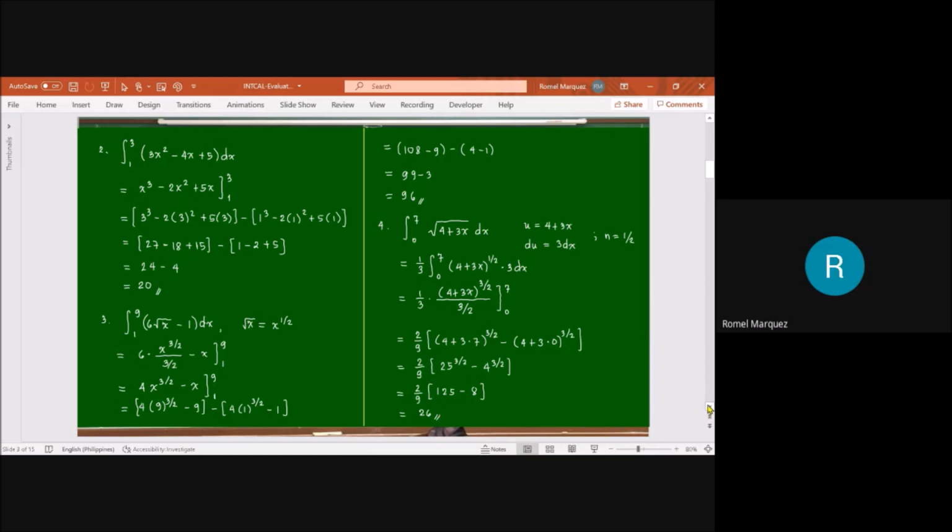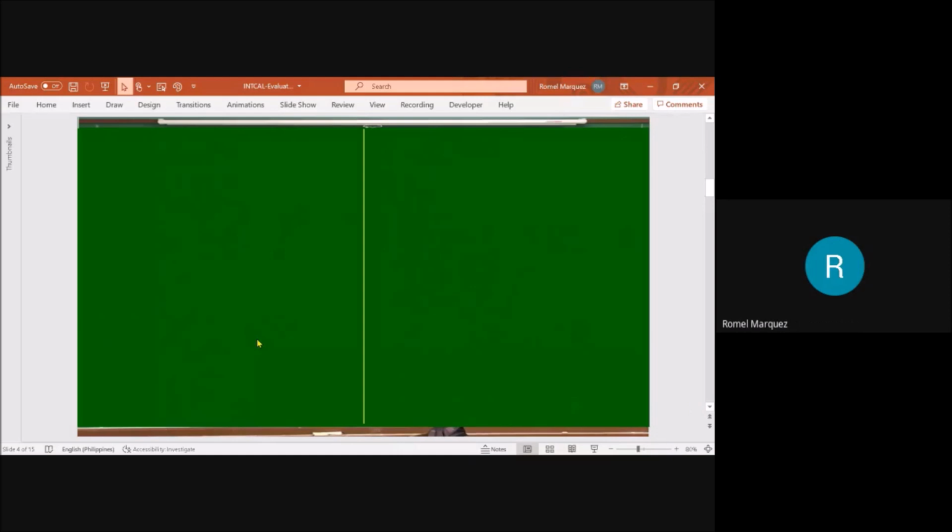Understood, guys? Okay, let's have number 5. As long as you're very good in indefinite integration, no problem for definite integration, because definite integration is simply the difference of the value of the indefinite integral at the upper limit minus the value of that indefinite integral at the lower limit.